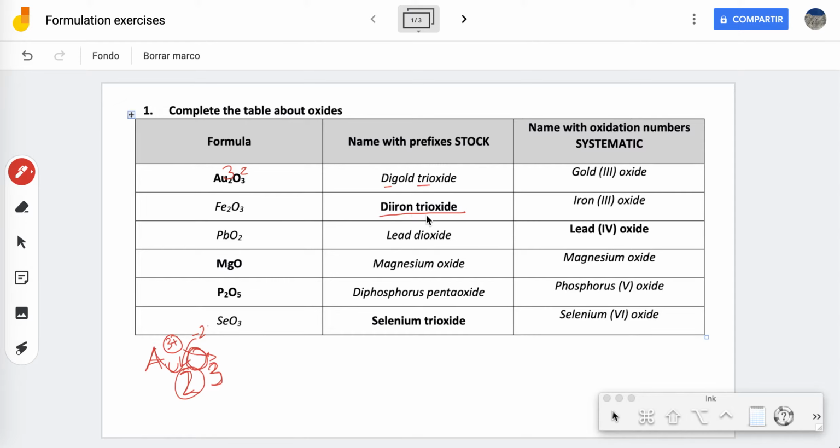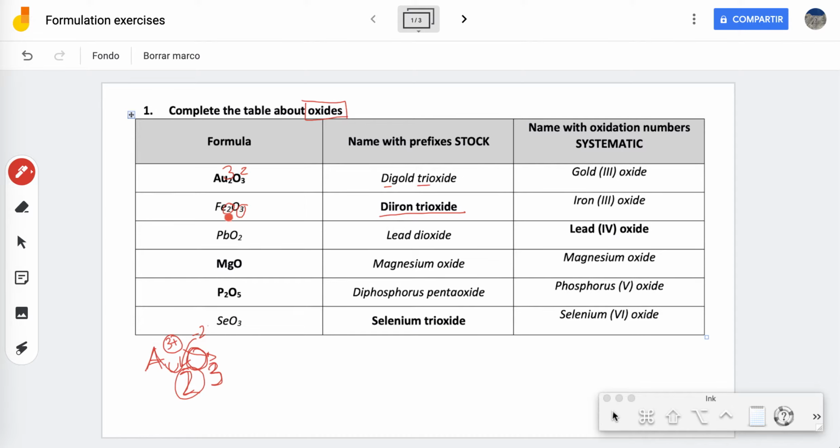So the iron trioxide is very easy because we can know that iron has a 2, and then 3 oxygens, trioxide. Very easy. All of the oxides, as you can see here, have the same structure. First the element and then the oxygen.